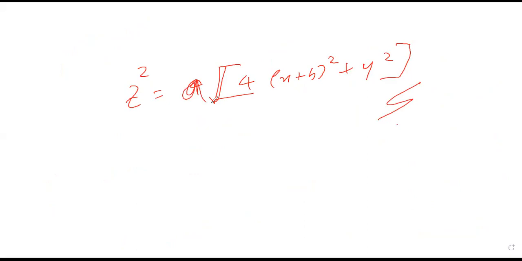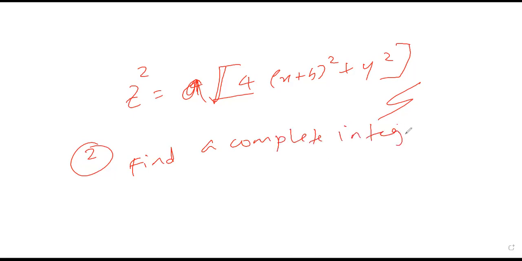And I will give one more question if you like. This second question, you can try this one. Question can also come in this way. Find a complete integral of z equal to px plus qy plus p square plus q square. So this is also non-linear. But you see here, they have given you z is equal to something. But what is our step one?